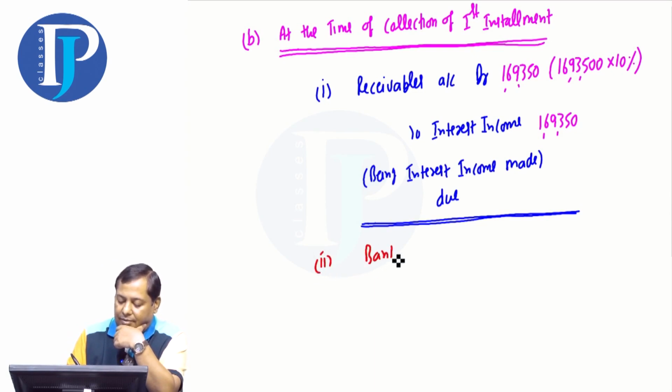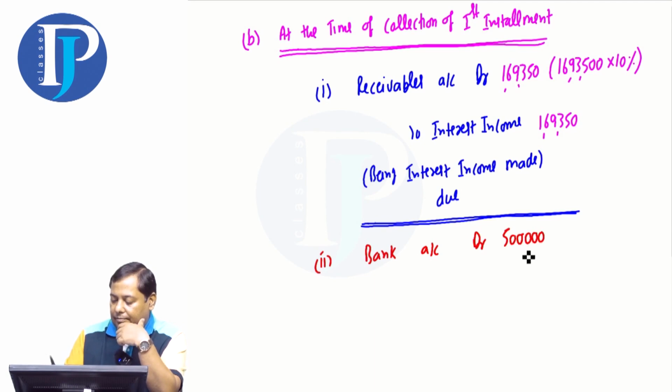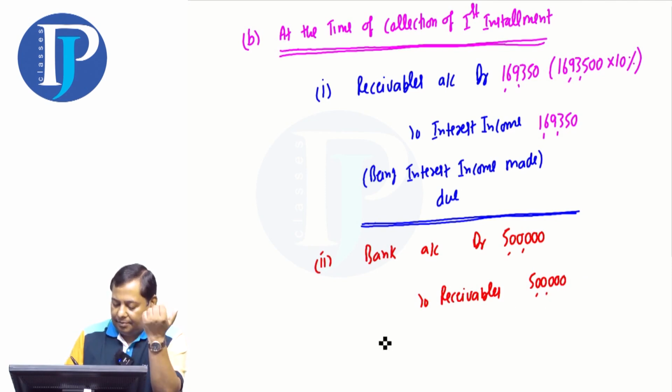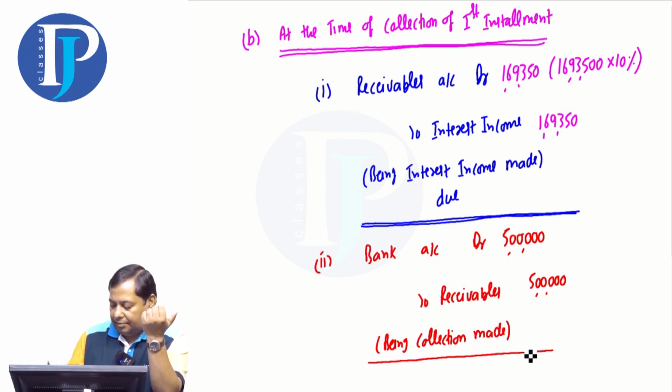Bank account debit, 5 lakhs will be received, to receivables. I don't think there's any problem. Just collect the money by charging interest. So write being collection made.